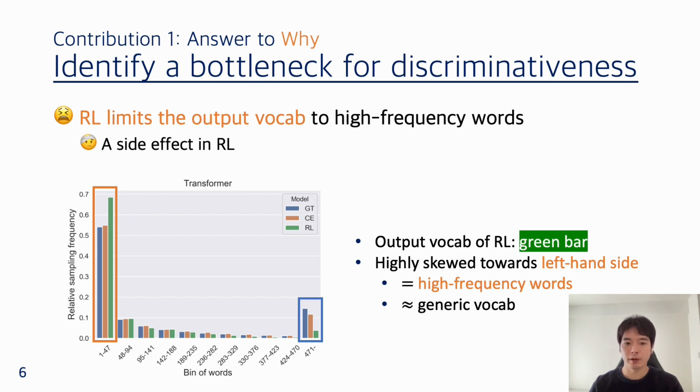And the output vocabulary of reinforcement learning is shown in the green bar. This graph shows that the outputs of reinforcement learning are clearly skewed towards high-frequency words, which roughly equals generic vocabulary.